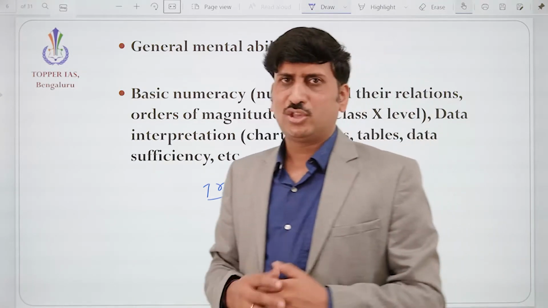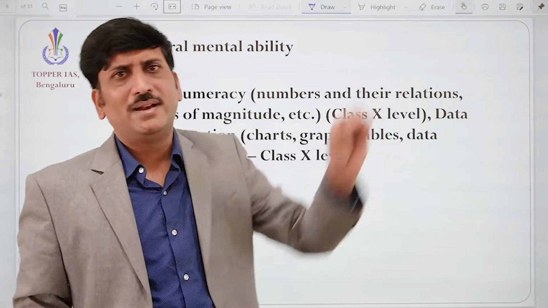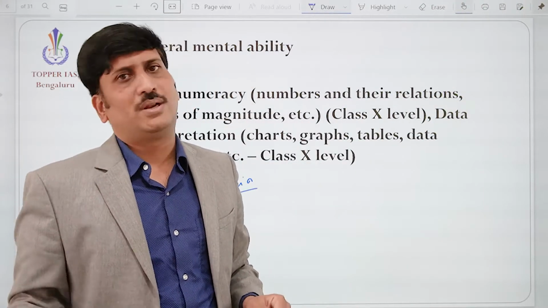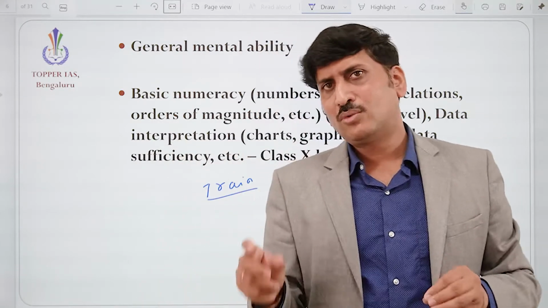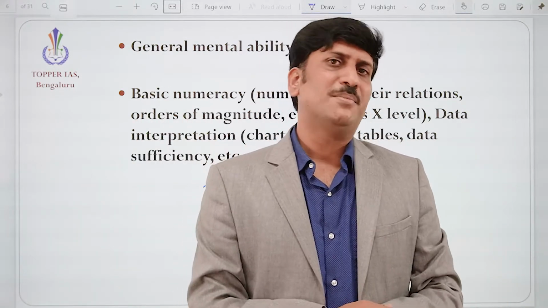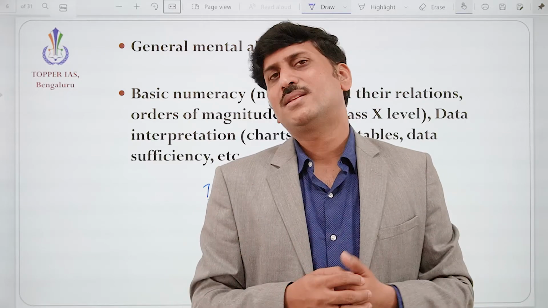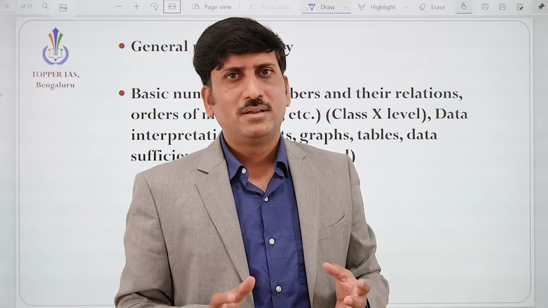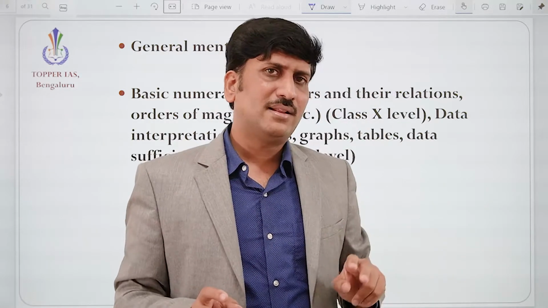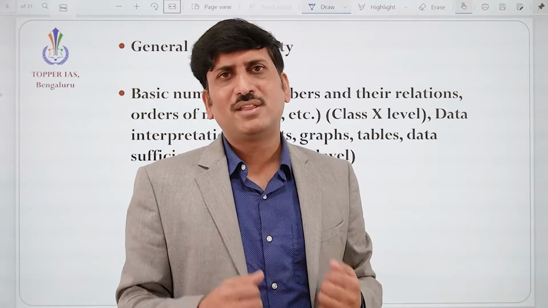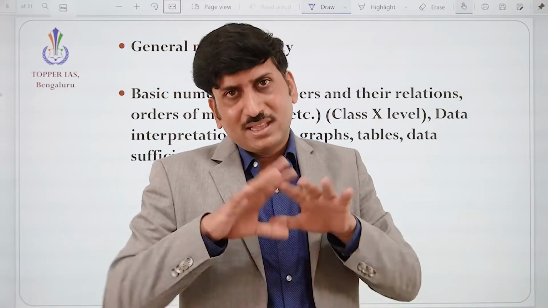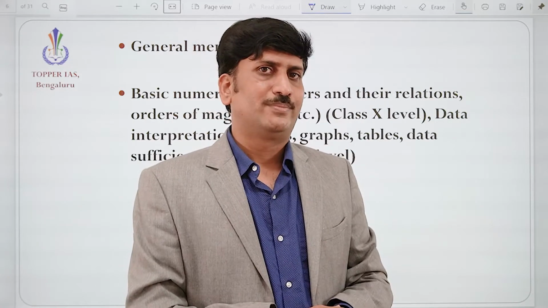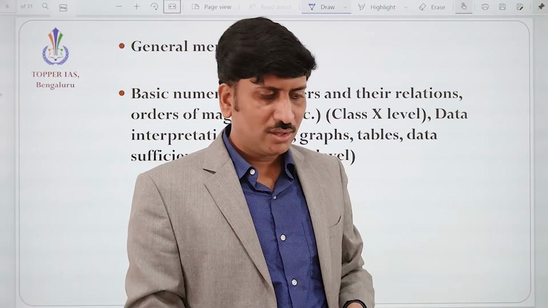In the men and work chapter, the more men, obviously more work, or with more men the same work will be completed within a shorter span of time. These are all common sense things we need to understand. Or there may be two persons, but one has more efficiency than the other. Obviously, the more efficient one will do more work. Such knowledge they are going to check here.